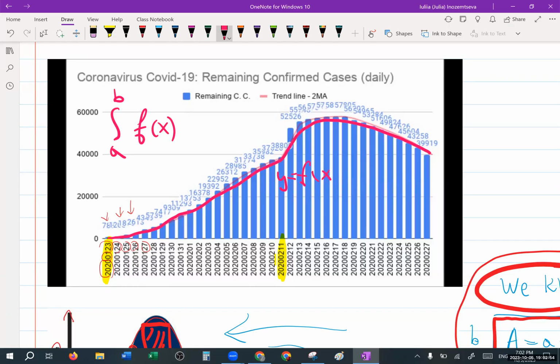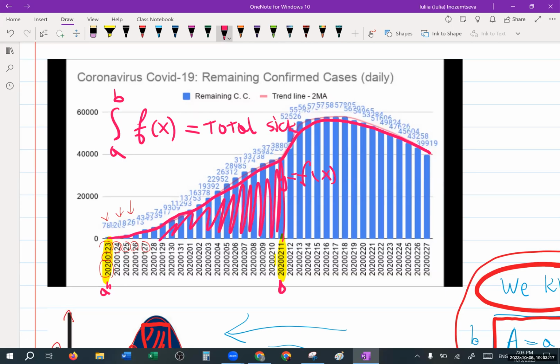So if you integrate f of x from a to b, and say this is b, maybe I don't need all the years. Maybe I just need from January till February, approximately 1 month. That gives me all the area. That will be the total number of people getting sick.